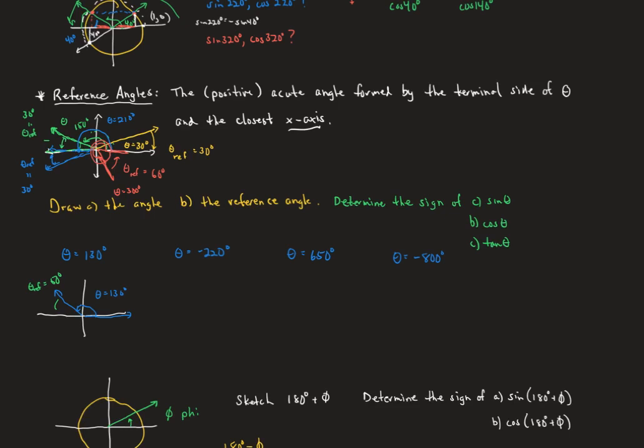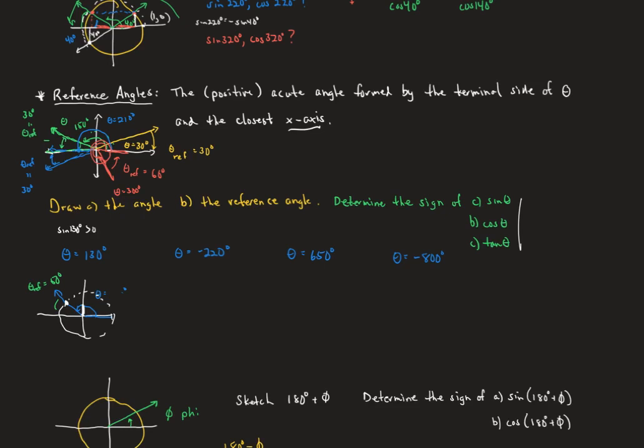And the sine, answering these questions over here, the sine of 130, because this is in quadrant 2, if I imagine a unit circle coming around here, then the y-coordinate of this point is going to be positive.